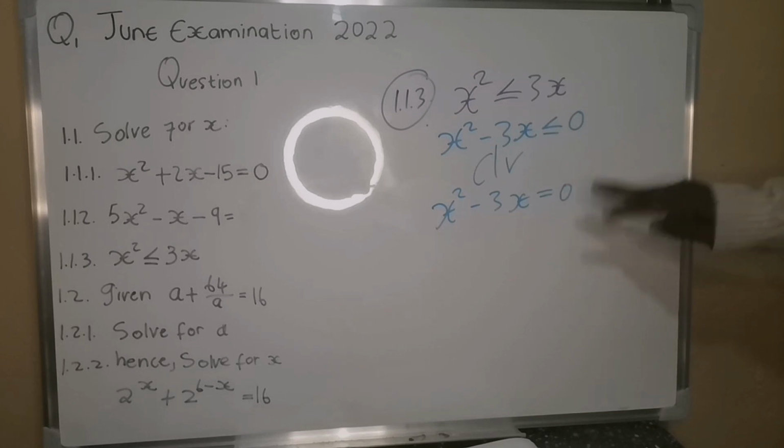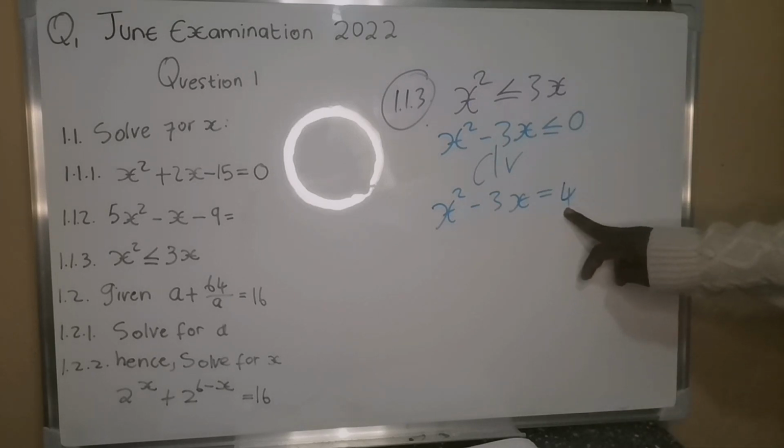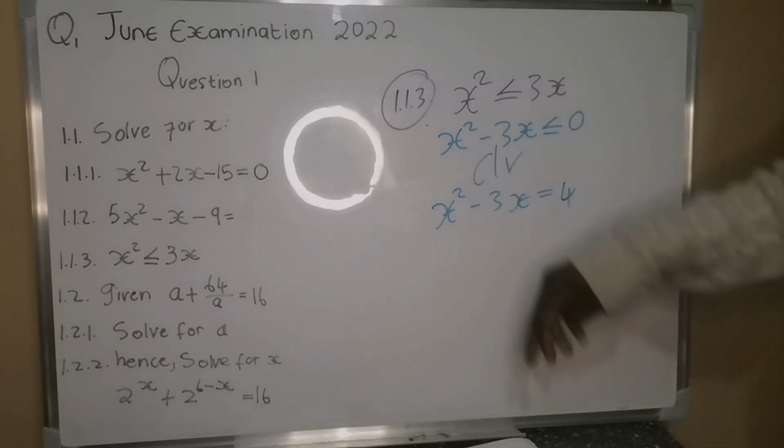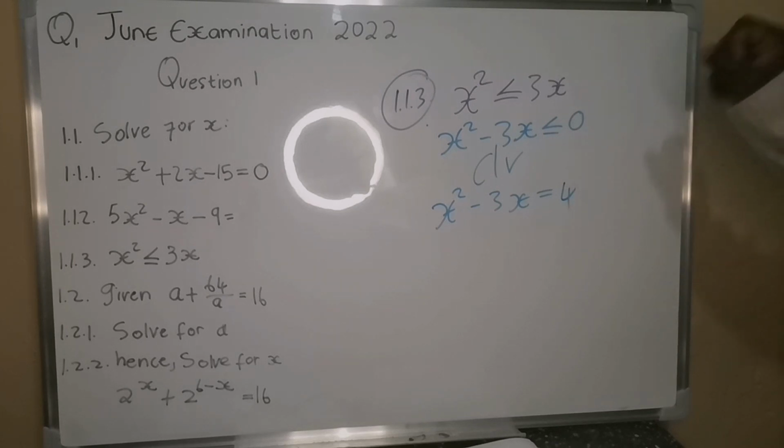If you have 0 on one side, it's good. But if you had maybe 4 on the right, you need to transpose this 4 to the left so that you're left with 0 on the right. That's our aim for any quadratic equation: we just need 0 on the other side, not any number.